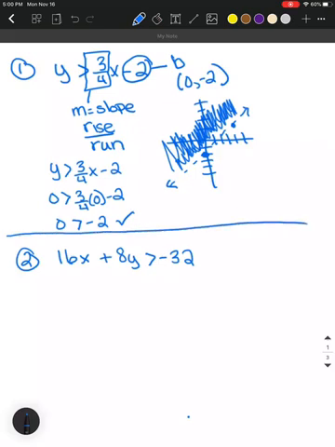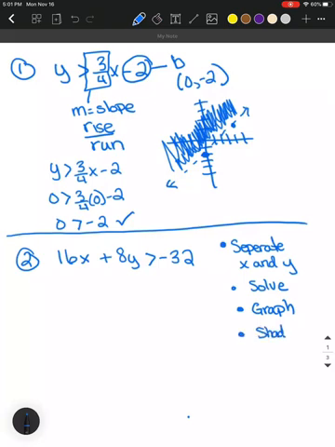Remember in class, I usually say when we're graphing intercepts, separate x and y, and then solve them. After we solve, because we have an inequality, we can graph, and then we're going to shade based off of our test point 0, 0.